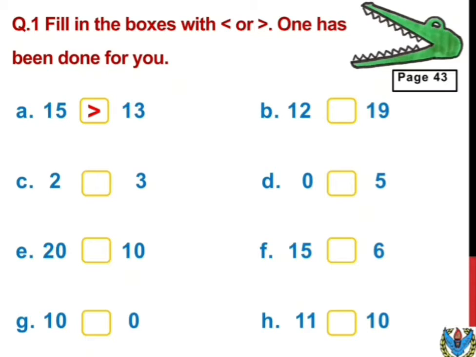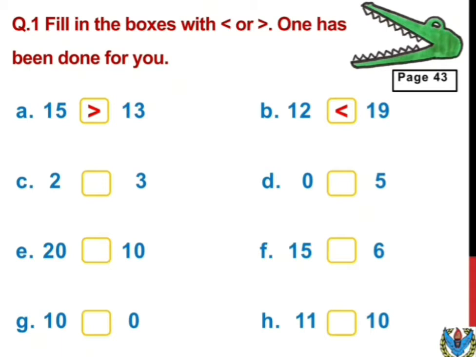So we know that 12 is a smaller number as compared to 19. So we put a sign of less than here and we say that 12 is less than 19.